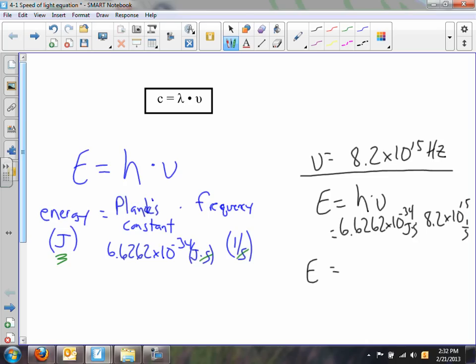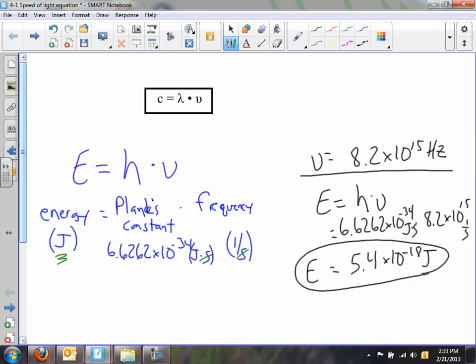When you multiply Planck's constant, 6.6262 times 10 to the negative 34, times the frequency, 8.2 times 10 to the 15th, you end up with 5.4 times 10 to the negative 18 joules of energy.